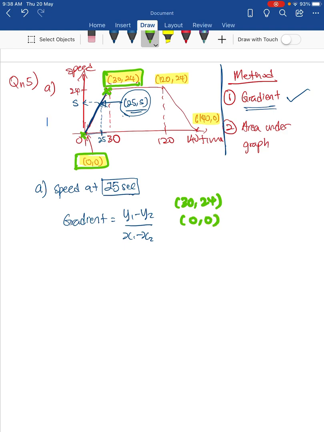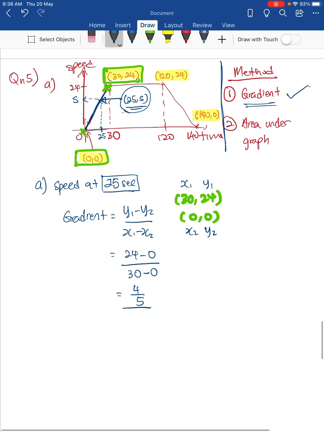I'll find the gradient of this line first. I sub in x1, y1, x2, y2, so it's 24 minus 0 over 30 minus 0. 24 over 30 reduces to 4 over 5. That will be the gradient.